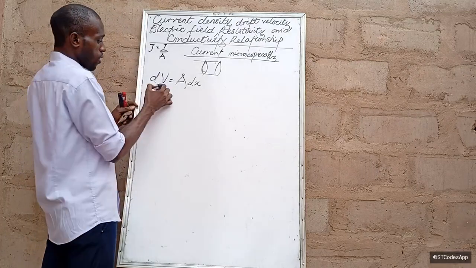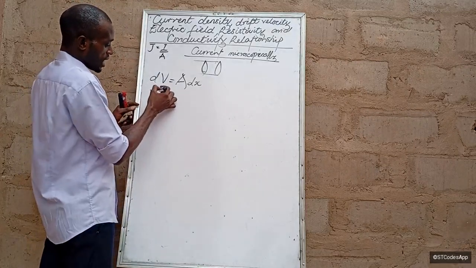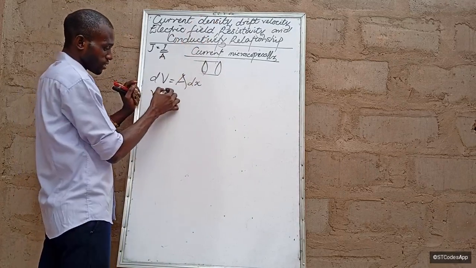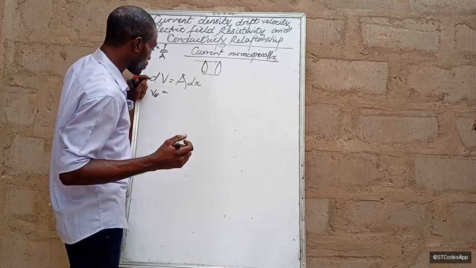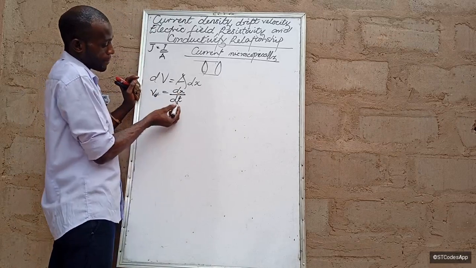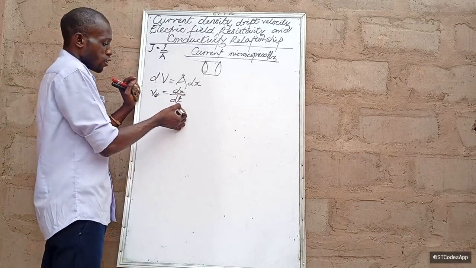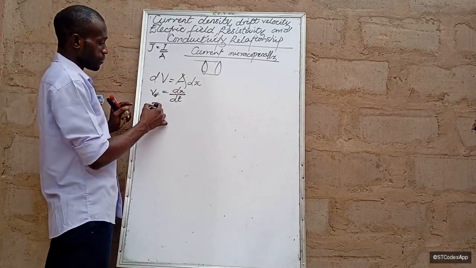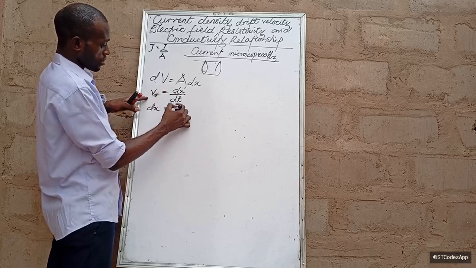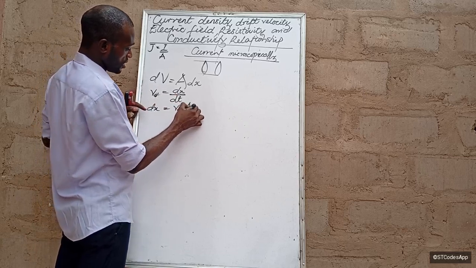And we already know that velocity, which is drift velocity in this case, is equal to the distance moved per unit of time, so the small distance covered over a small time interval. So dx will be equal to v sub d dt.